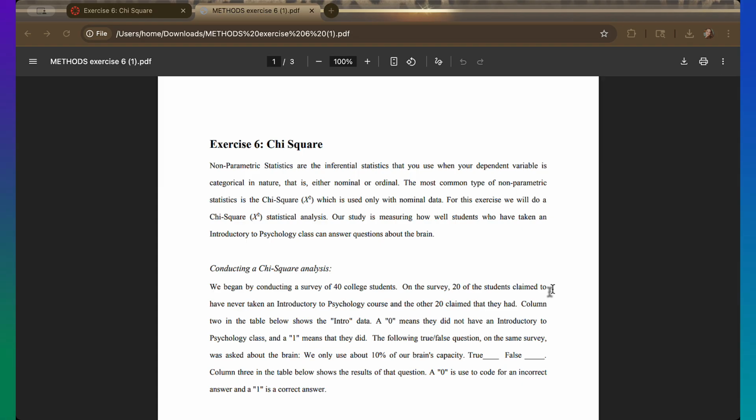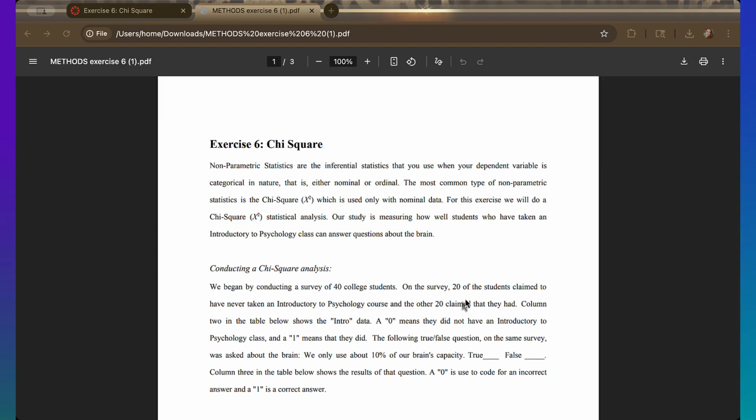So they're categories. What the chi-square test does is compare the frequencies that we actually observed in each category to the frequencies we would expect if there were no relationship between the variables. If the difference between the observed and expected frequencies is large enough, then the chi-square statistic will be significant, meaning that there's likely a real association between the variables.